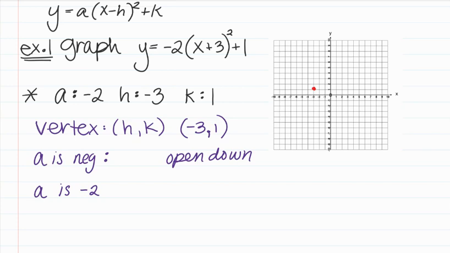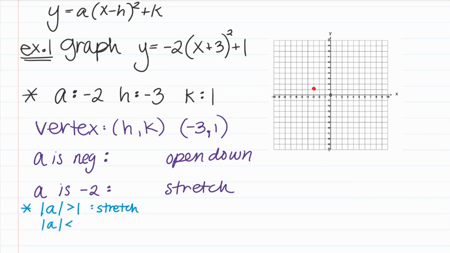Now, this part is a review from the last set of notes. If you remember, let me make a little note here. If the absolute value of a is greater than 1, it's a stretch.